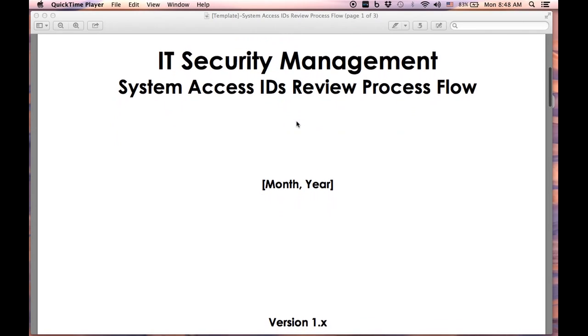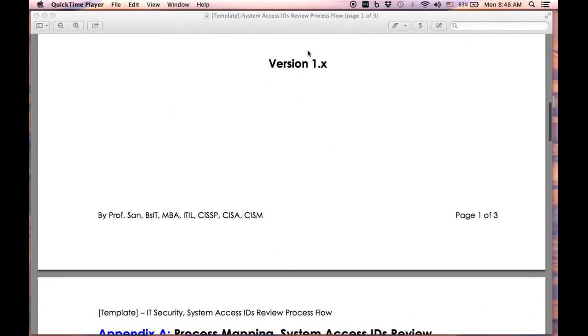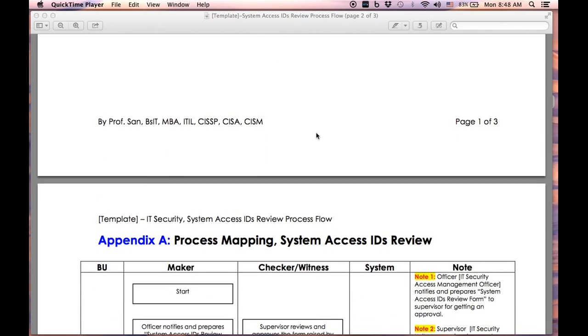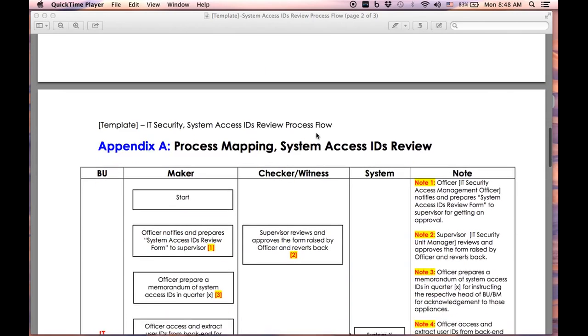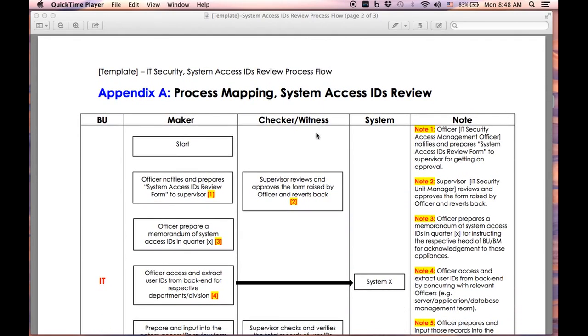I would like to show some examples related to the system access ID review. This is the workflow that the IT department needs to perform as their BAU, business as usual.